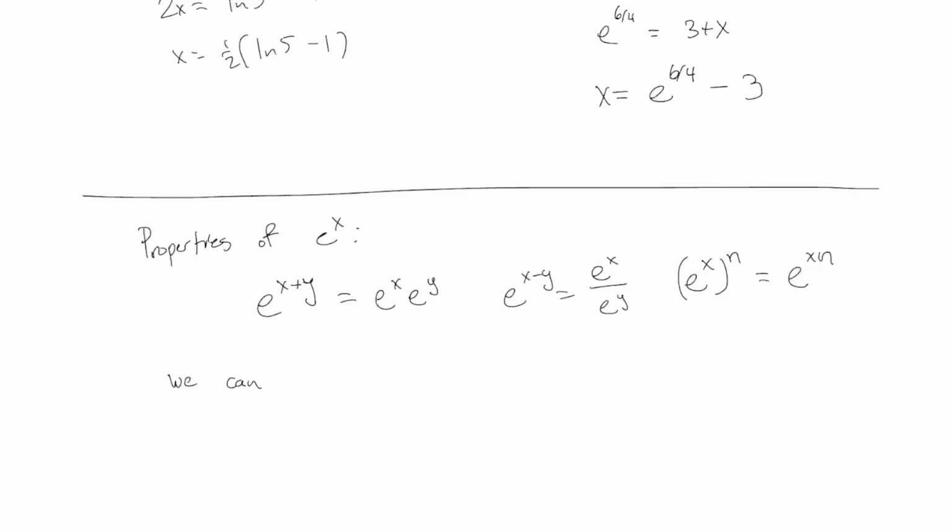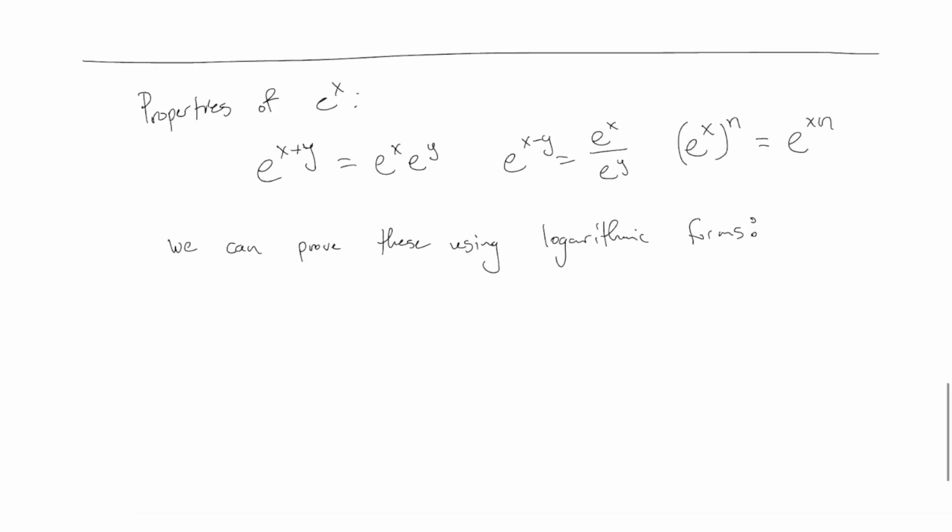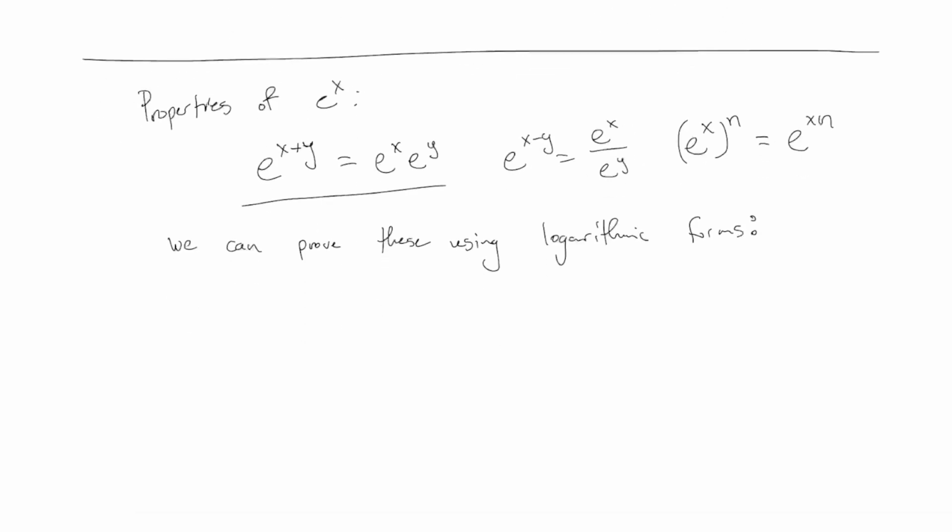If you didn't already know these properties about exponential functions, we can prove these using logarithmic forms. For example, this first one here, and we're not going to go through all of these little proofs, but this first one here, you can look at this.